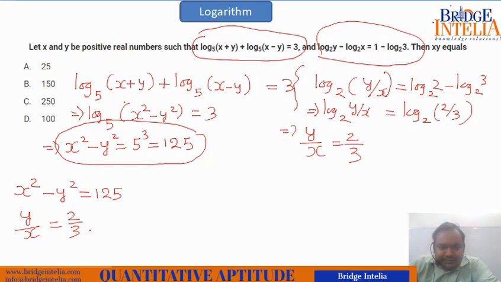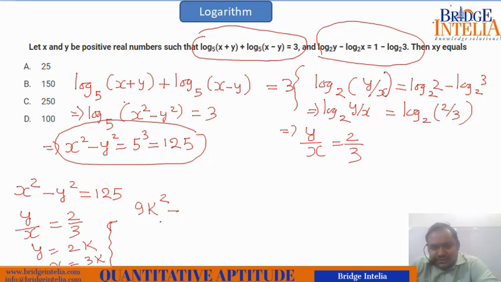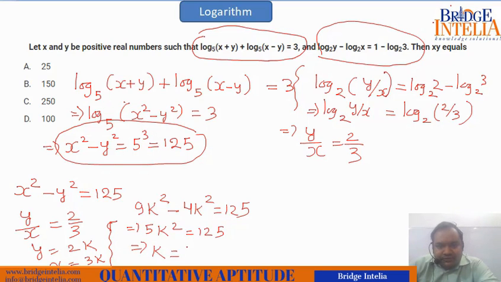Let's solve this. Let's assume y to be equal to 2k and x to be equal to 3k. So x square, that means 9k square, minus y square, where y square means 2k whole square, that means 4k square, is equal to 125. So 5k square is equal to 125, so k square is 25 and k is equal to plus minus 5.